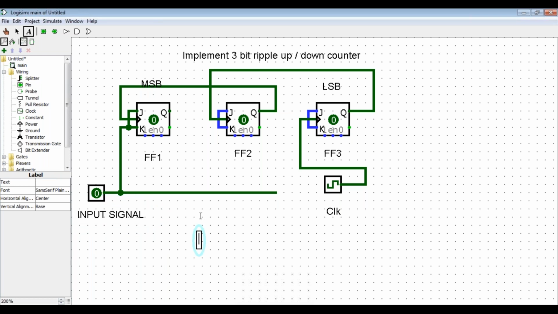Like that, connect your input signal to the second flip-flop. Obviously you give the input signal, that means logic high, to the third flip-flop. So this is the design of your 3-bit ripple counter or asynchronous counter.